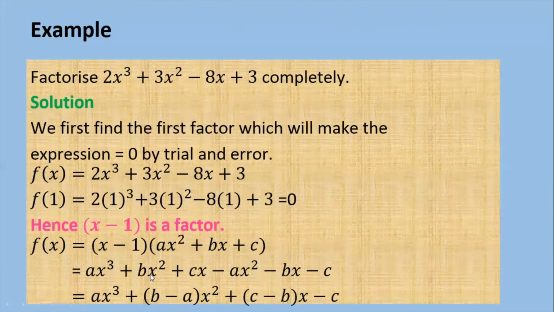Now, bx squared minus ax squared, so that will be b minus a in brackets times x squared, plus, you see the cx here, and you've got minus bx here, so that will be bracket c minus b, close bracket, times x. We're grouping like terms, and minus c.